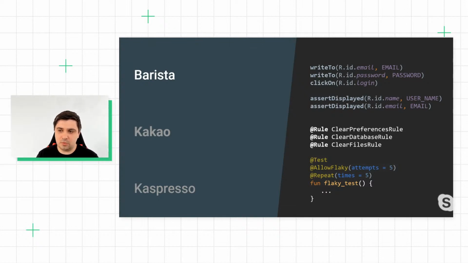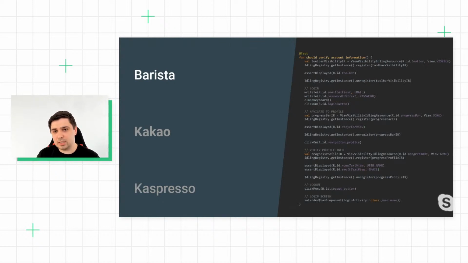But if we cannot fix it or we don't have resources right now, we can use a few methods. First of all, a method from Barista is allow flaky and a number of attempts. So when we run a framework with some attempts and at a minimum once this test passes, it means that this test is working. With the repeat annotation, it should always pass. If it fails even once, it means it is failing.